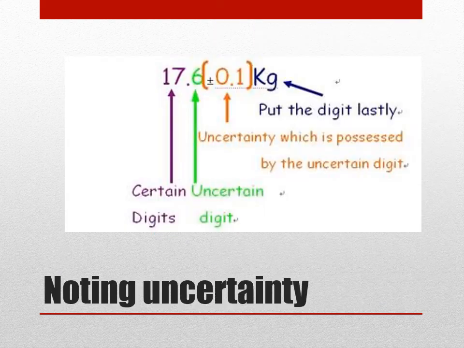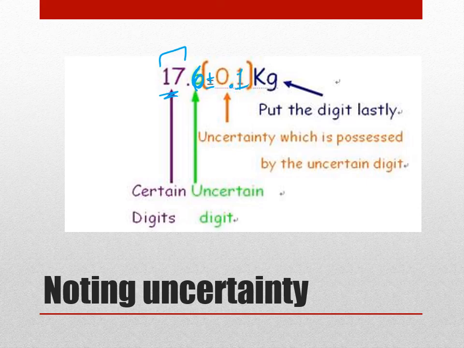So when we're writing uncertainty, our certain digits, I know for sure 17, and then I'm going to guess like a 0.6. In the last slide we were guessing at 20 or 16. And then I'm going to show how much wiggle room my guess has. And so I'm going to say plus or minus 0.1 of a kilogram.